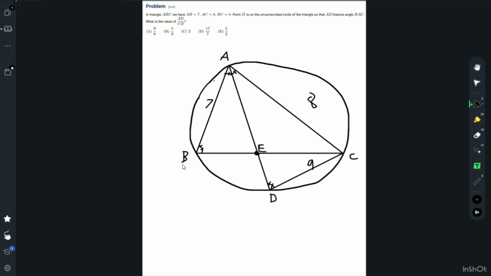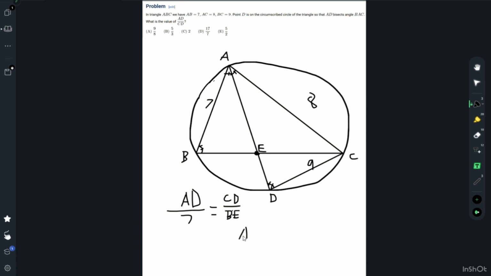And we can find that ADC is similar to ABE. So we know AD over AB, or 7, equals CD over BE. So first we have to rearrange these.